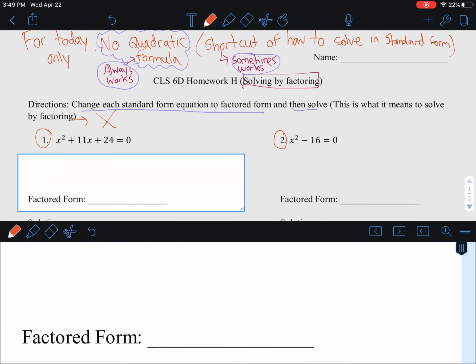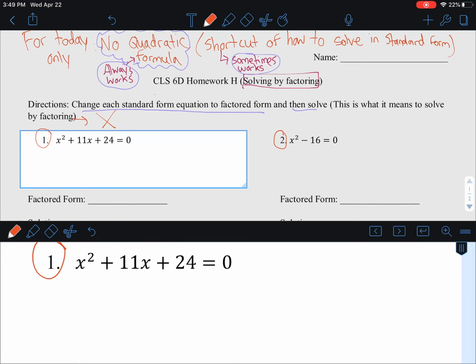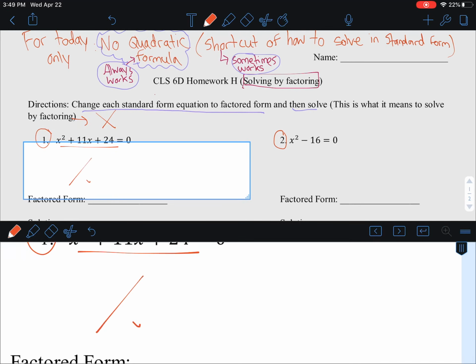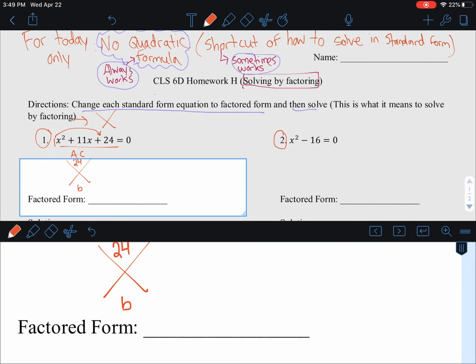But anyways, how do you solve by factoring? What you do is you factor this. Remember, A times C goes up here, B goes there. 24, because it's 1 times 24, and my B is 11. What are two numbers that multiply to 24 and add to 11?